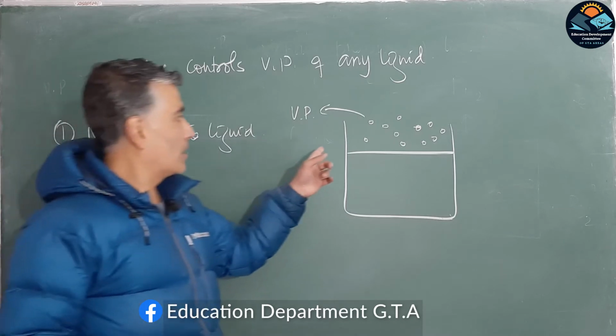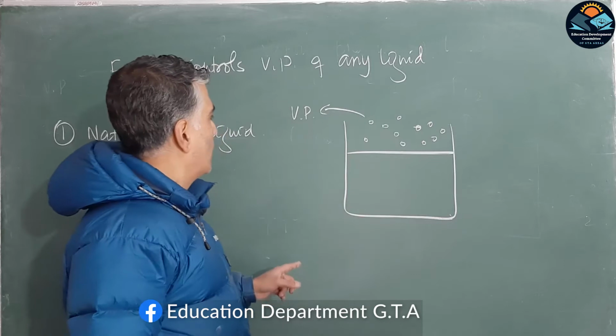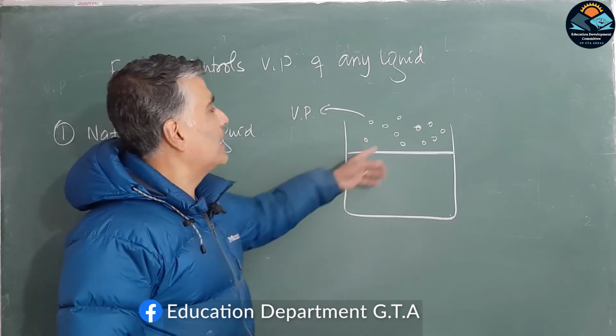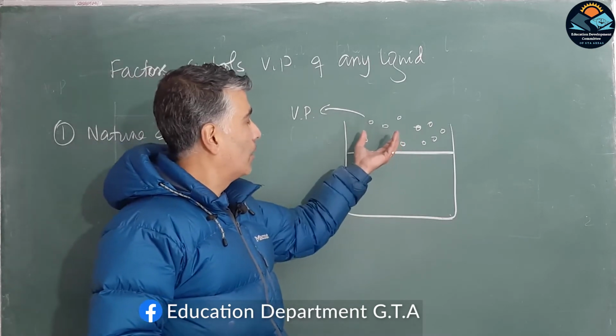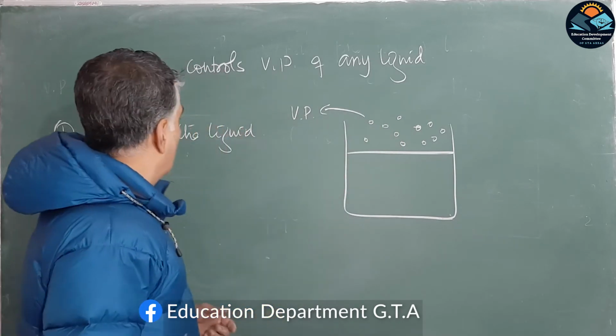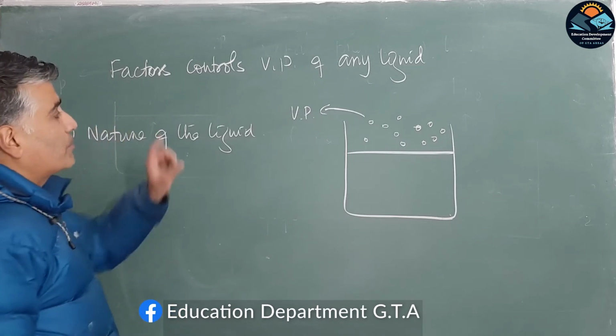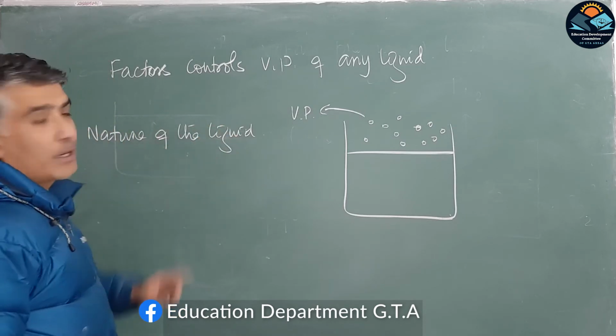I told you liquids are differently volatile. Some are more volatile and some are less. So if a liquid is highly volatile, it forms a lot of vapor, and therefore it will have higher vapor pressure. So how much vapor pressure a particular liquid exhibits depends on what kind of liquid you've taken.